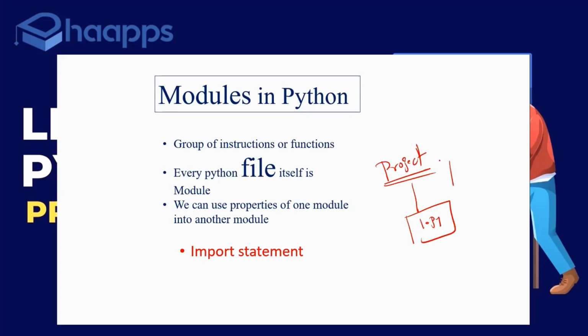There will be multiple Python files in one particular project. Depending on the requirement, you'll be using them all together. One Python project won't contain only one Python file. It will be multiple Python files.